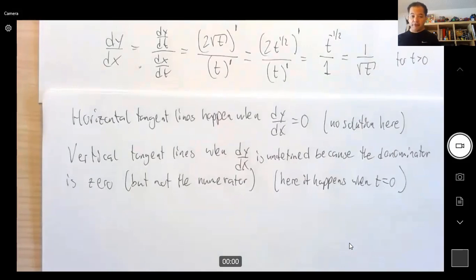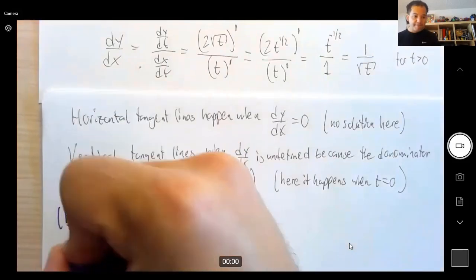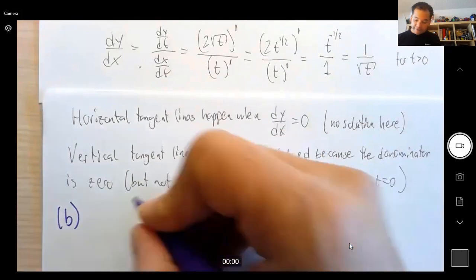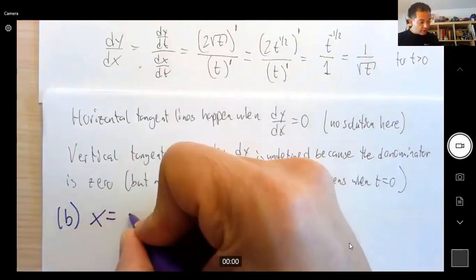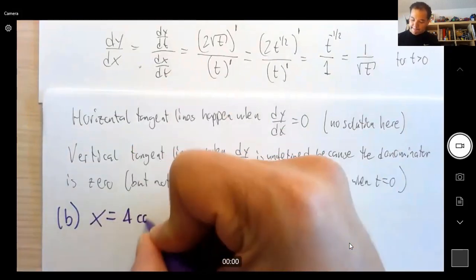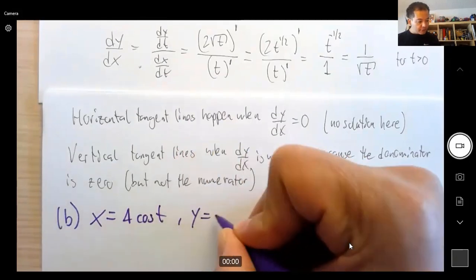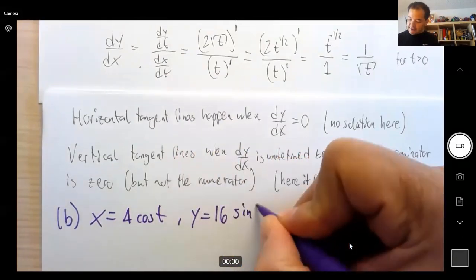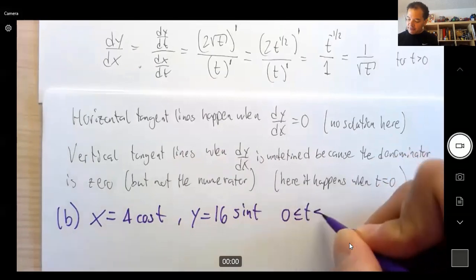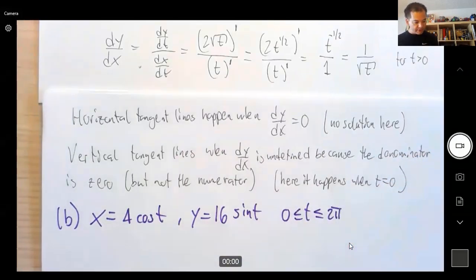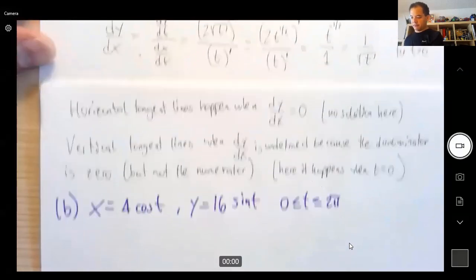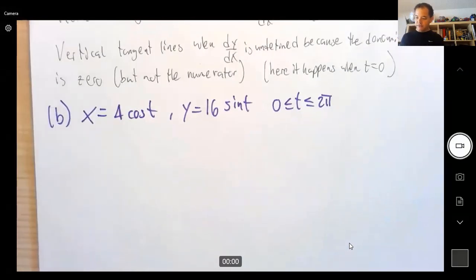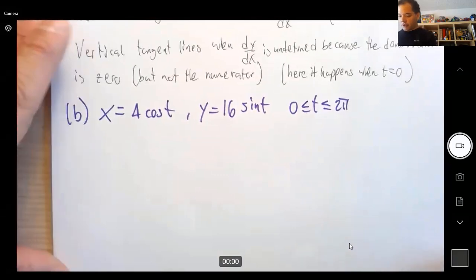So it's the same question, but now for part B, we have x equals 4 cosine t, y equals 16 sine t, and t between 0 and 2 pi. Okay, let's work it out.